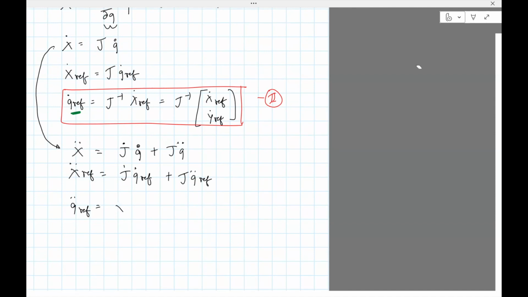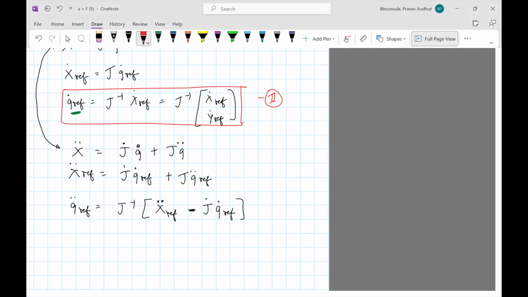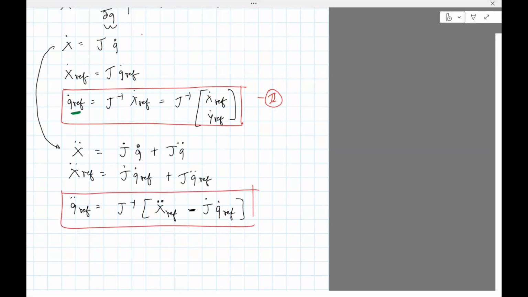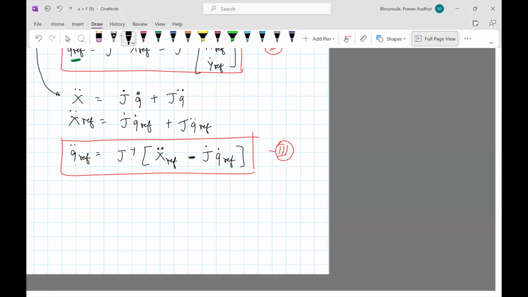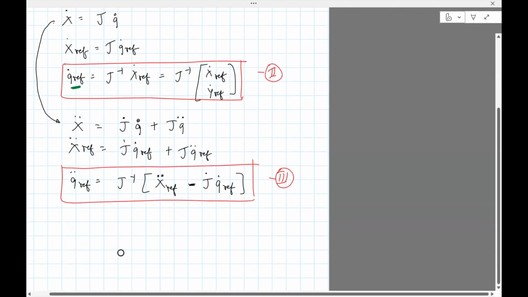And so q double dot ref was x double dot ref minus J dot q dot ref, times J inverse. I'm just going to move things around and take the inverse of J. Okay, so this is giving us q double dot ref.